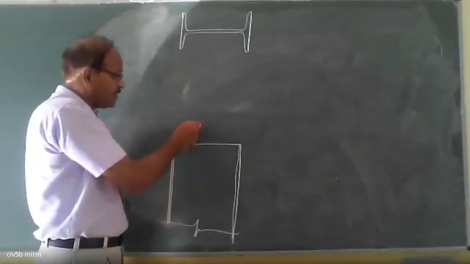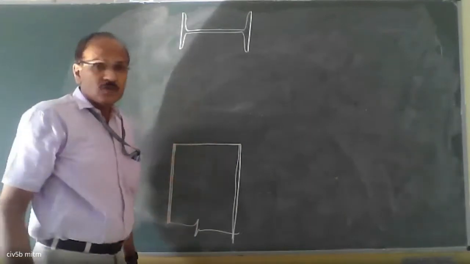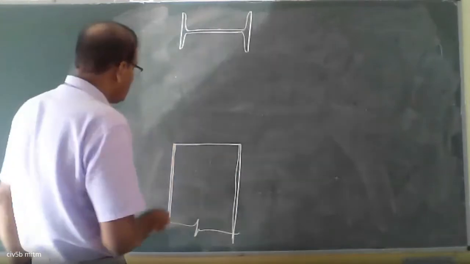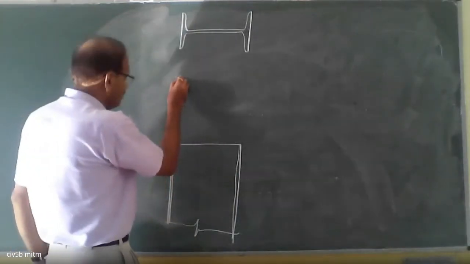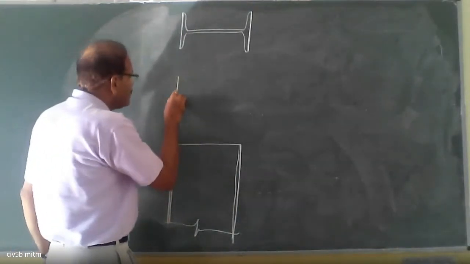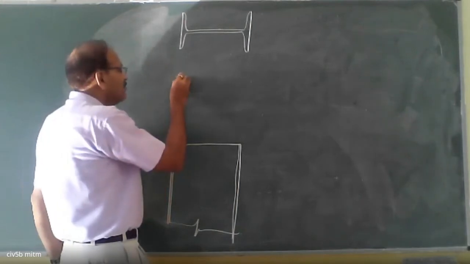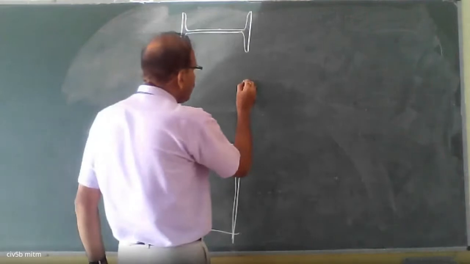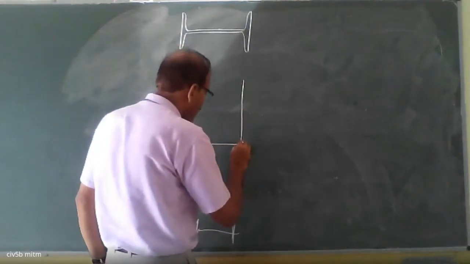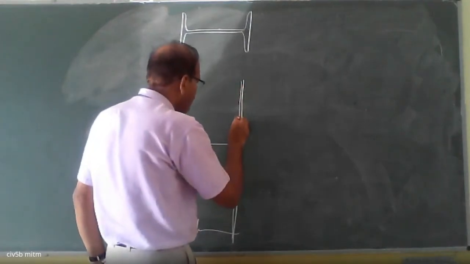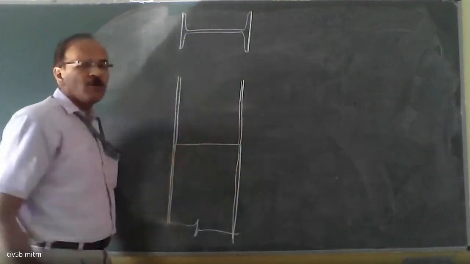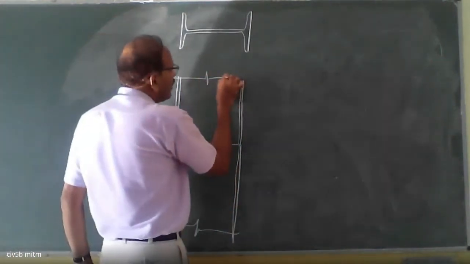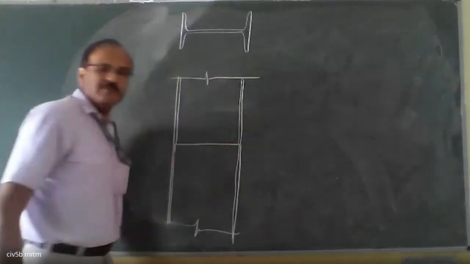Because it is the same section, we are going to bring one more piece of the same I section and place it as a continuation of the column, over the other, and it continues further.